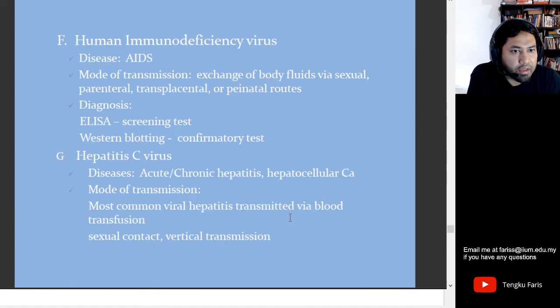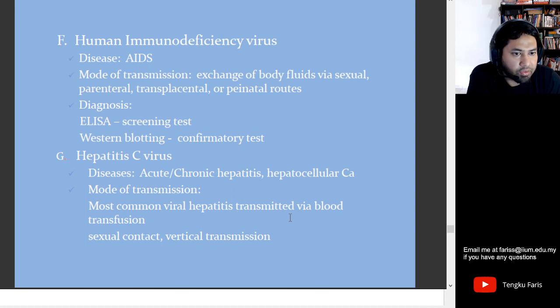All right. HIV viruses can cause AIDS. It is due to the exchange of bodily fluids via sexual activities, via transplacental transmission, or post delivery of the baby.